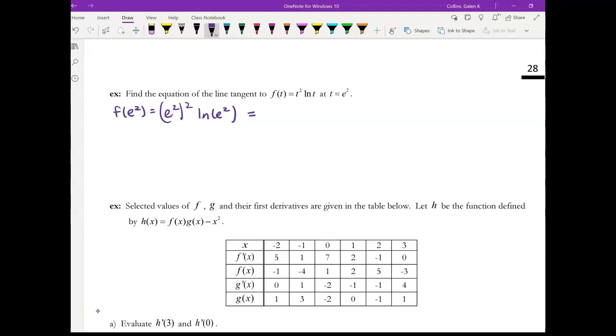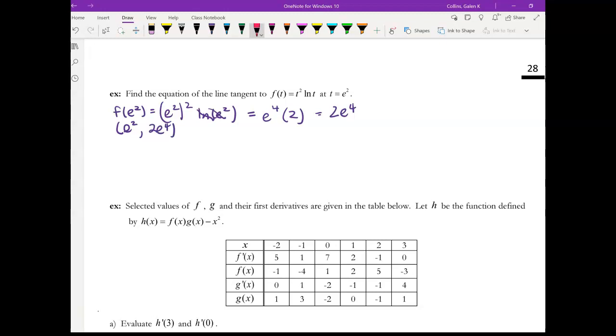Well, e squared squared is just e to the 4th, and the natural log of e squared is 2. Remember that logs and exponentials with the same base undo each other, and we're left with the exponent of e. So we end up with 2e to the 4th. So our point of tangency is e squared comma 2e to the 4th.